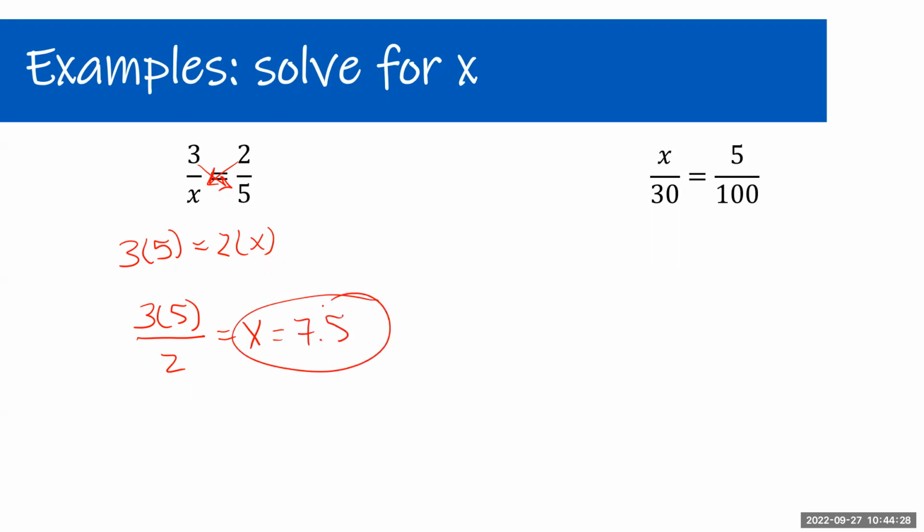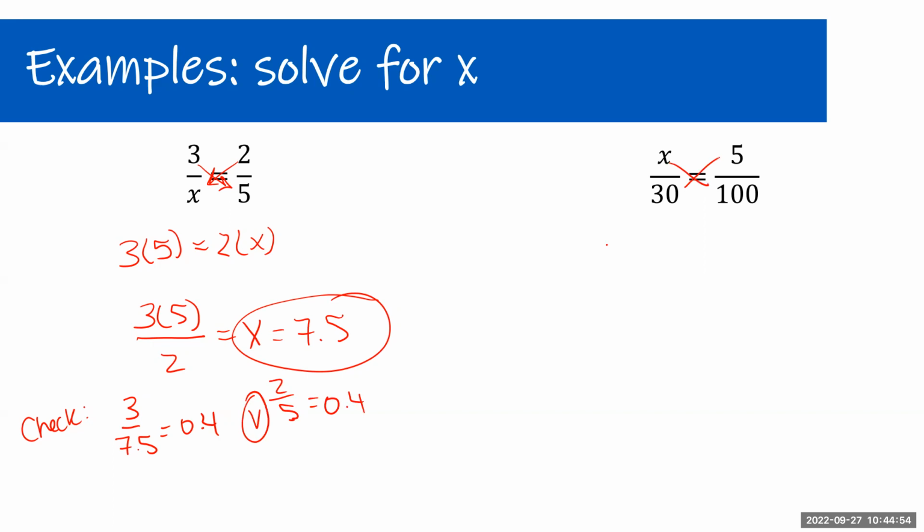And again, you could check this. 3 divided by 7.5 will give you the same as 2 over 5, which is 0.4. They're both equal to 0.4, so they're equal. Okay, what about this one?